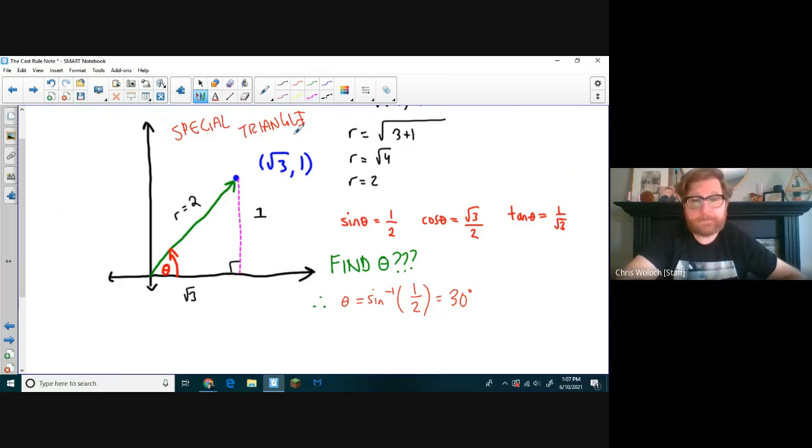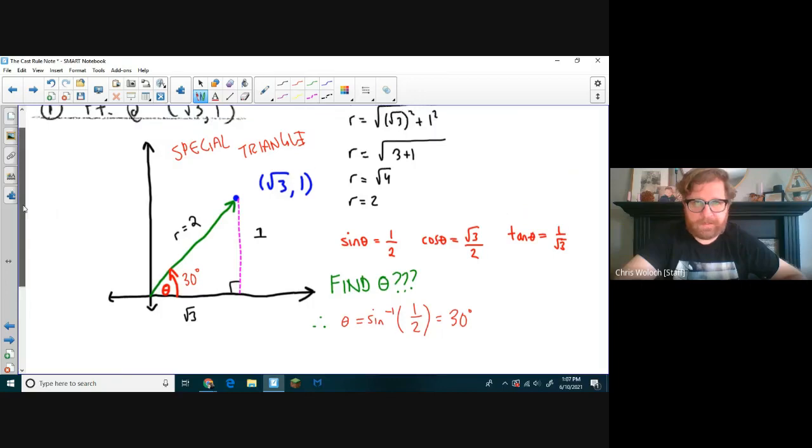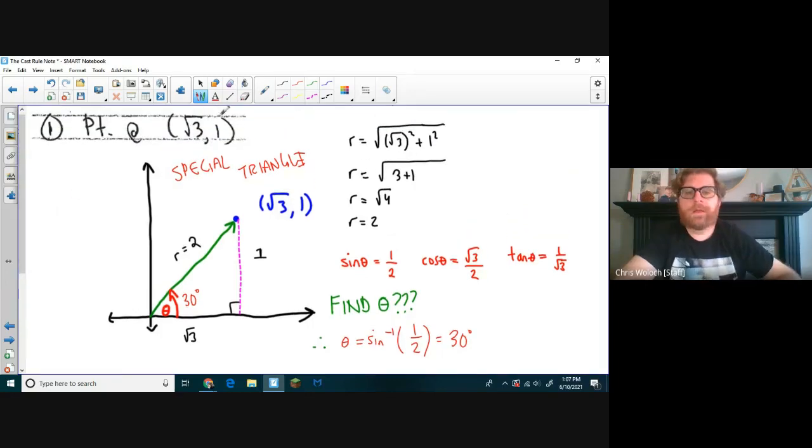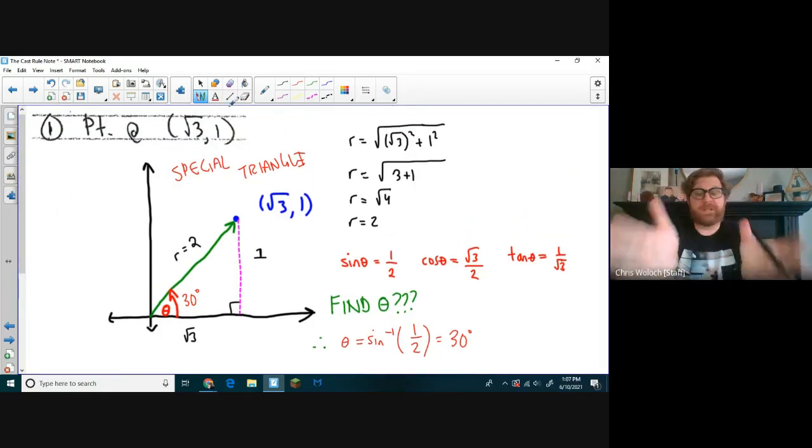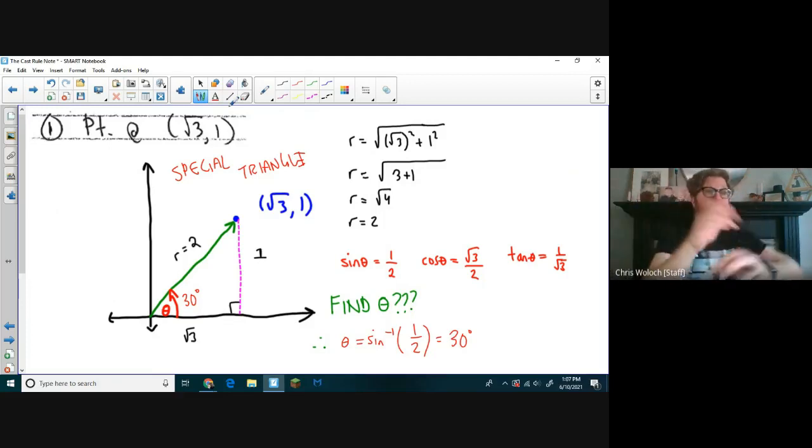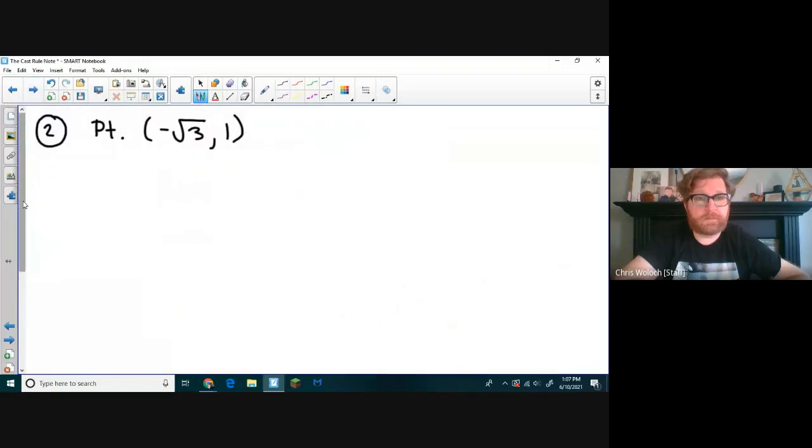So this angle is 30 degrees. And right now we are in quadrant 1. Essentially what we're going to do next is do the same thing, but move into quadrant 2. So let's do that. So have quadrant 2.